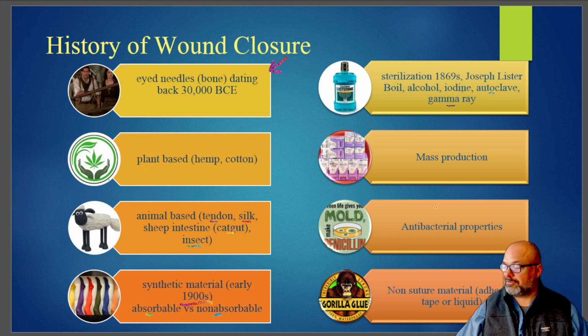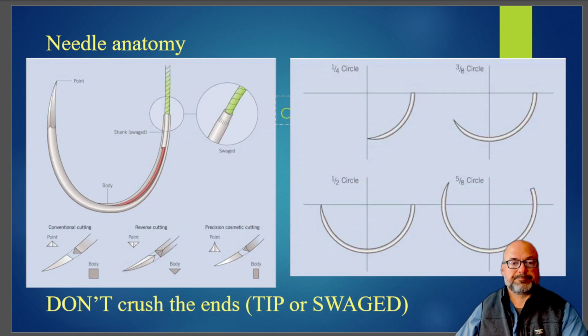Obviously, some mass production. Johnson & Johnson is one of the biggest makers here in the United States. Some antibacterial properties that were incorporated, and then non-suture materials such as adhesive tape and liquids, which we won't really talk about, although you will see steri strips being used a lot, butterfly bandages somewhat, and then the Dermabond, the skin glue, is used to some degree.